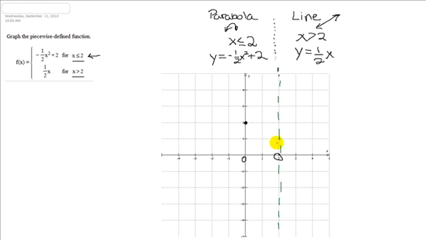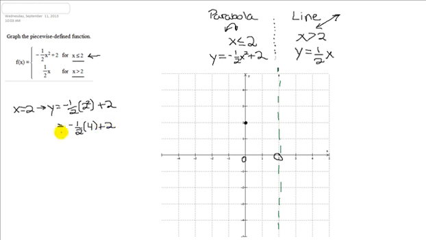I'll plug in a couple more. Before I plug in another point, let me point out that we should graph a parabola that goes all the way up to where x equals 2. We have a parabola for all x values less than or equal to 2. So the next x value I'd like to plug in, and let me come over here to do my scratch work. If x equals 2, then y equals negative 1/2 times 2 squared plus 2.